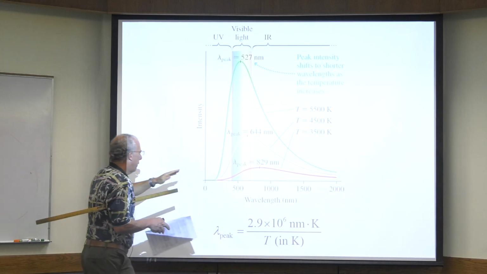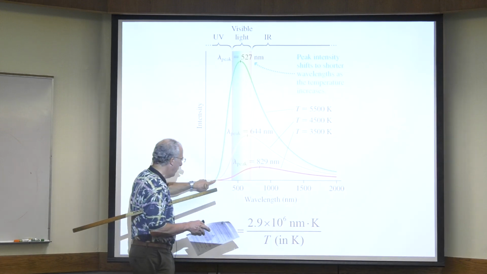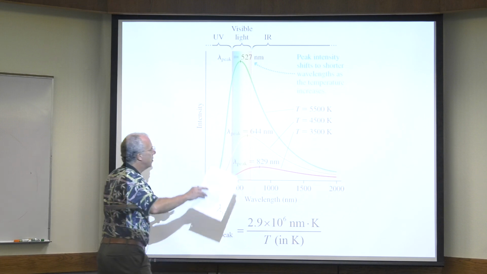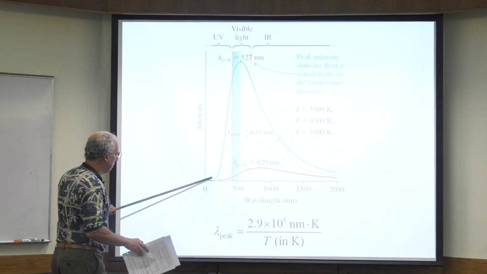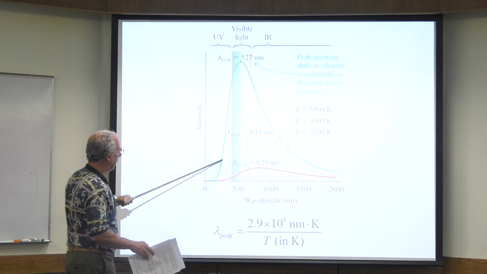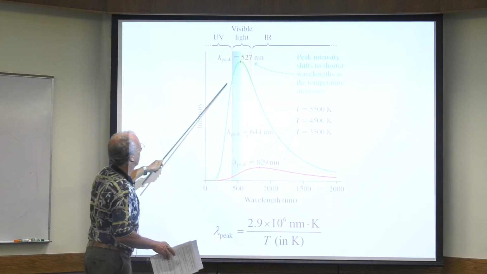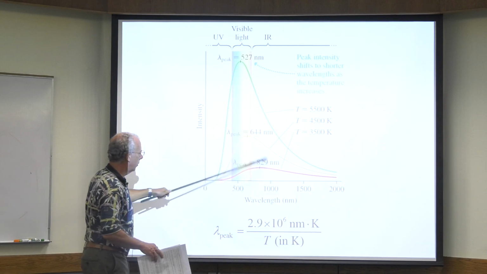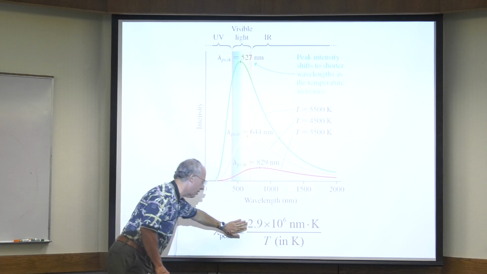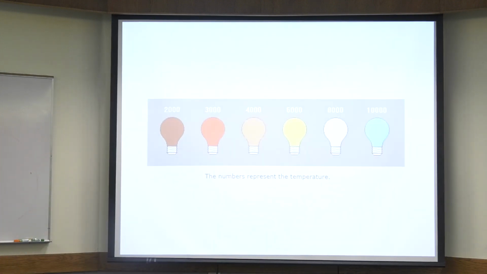There's not a lot of visible light here, right? There's a lot up here. This is temperature, okay? So you don't have a lot of light right over here at this wavelength. You have a whole bunch of light at this temperature and so forth. So this is just the equation that describes that, all right?